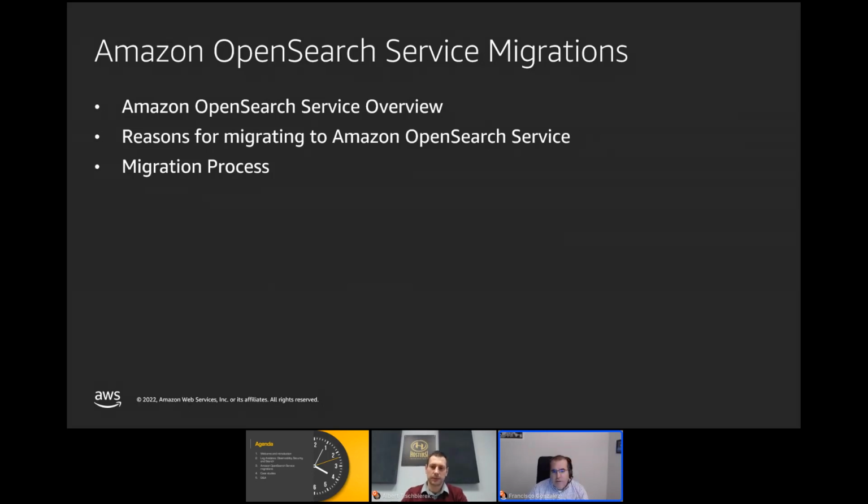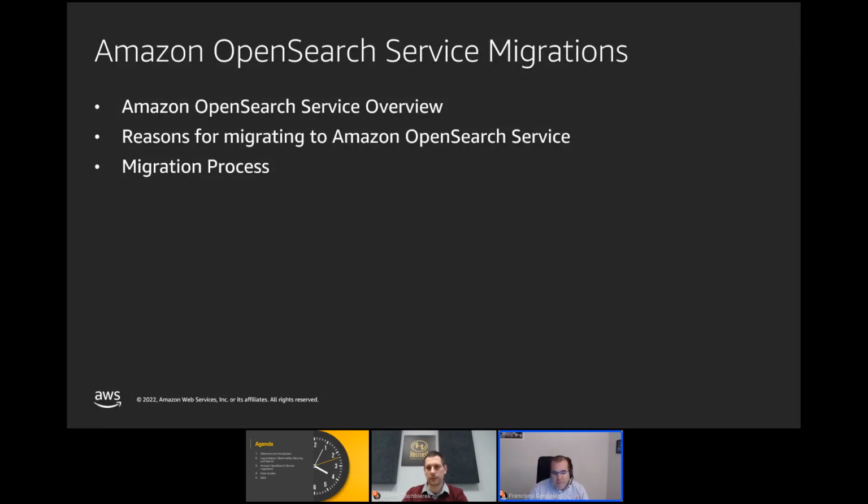Then we're going to cover the reasons why customers are looking to migrate to Amazon OpenSearch service. This is key because it will provide you with the information needed about why OpenSearch service is a fantastic offering for your log analytics, search, observability, security workloads.